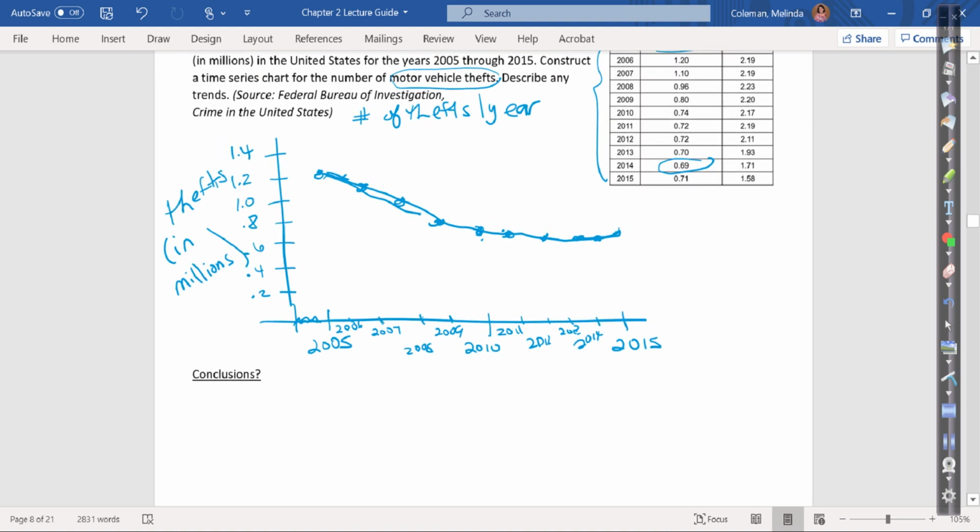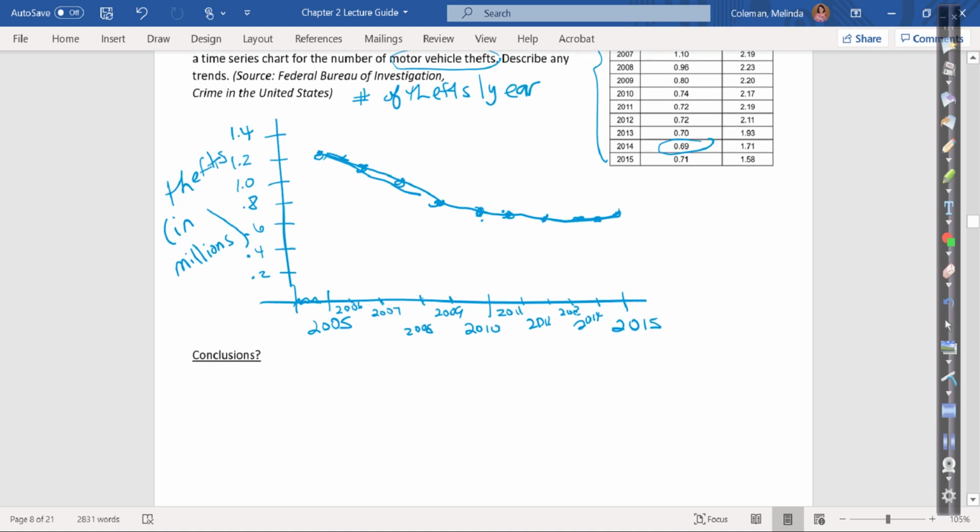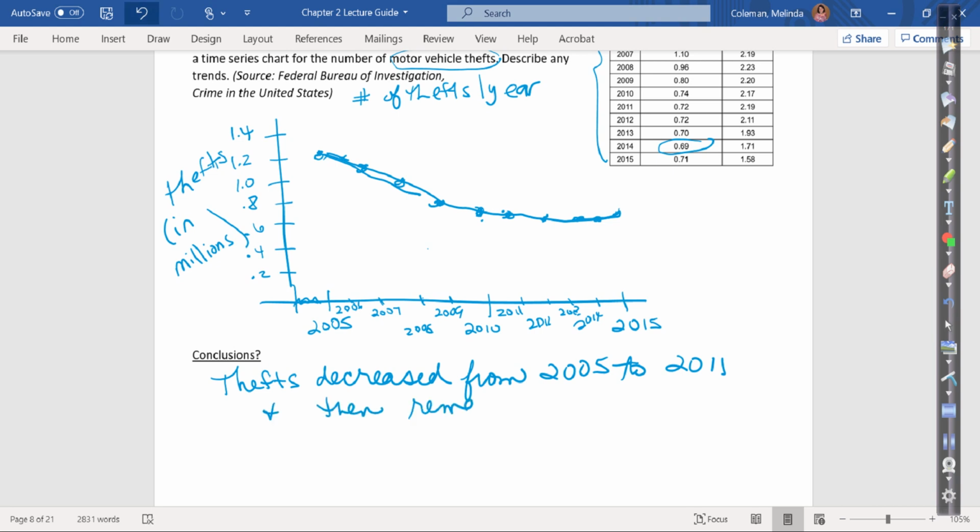So the conclusions here, it looks like they dropped pretty good from 2005 to probably about 2011, and then they started leveling off. So thefts decreased from 2005 to probably around 2011, and then remained steady.